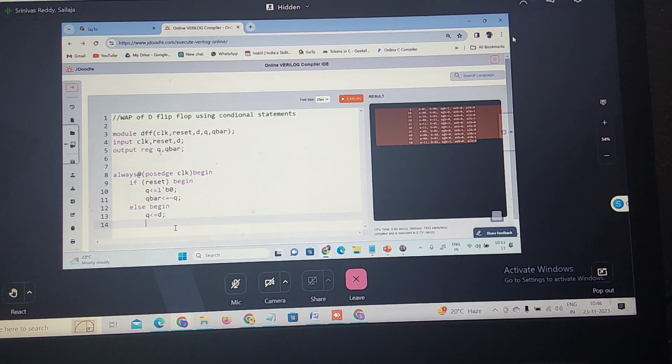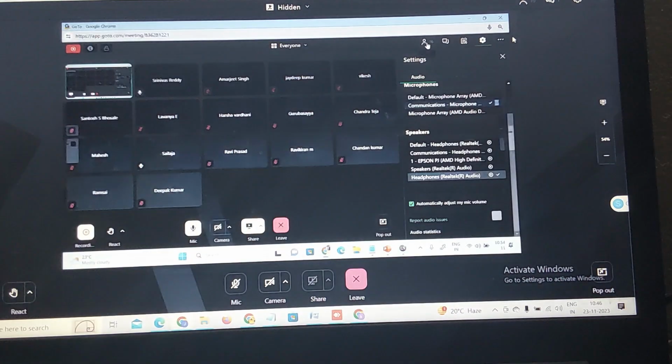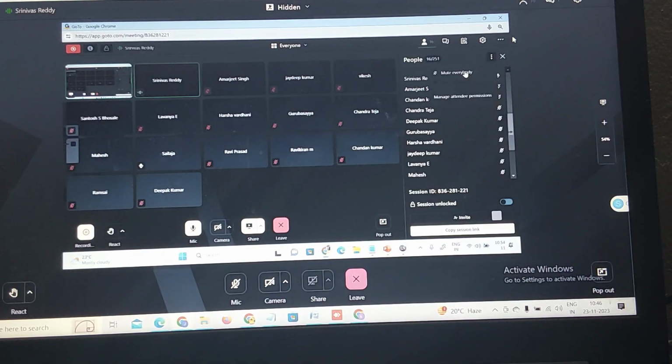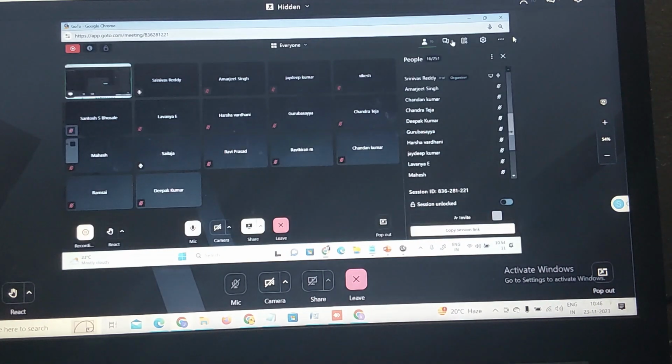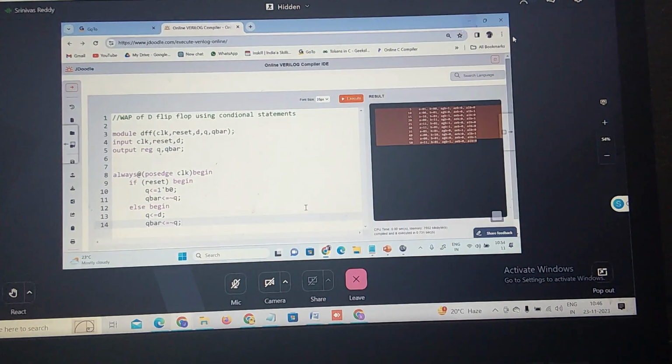Q follows the D. Q bar is less than or equal to not of Q.